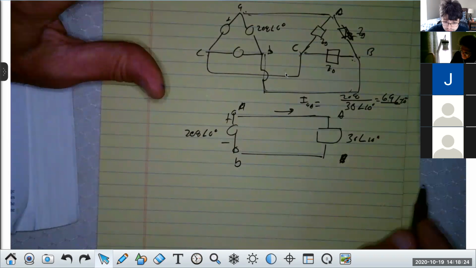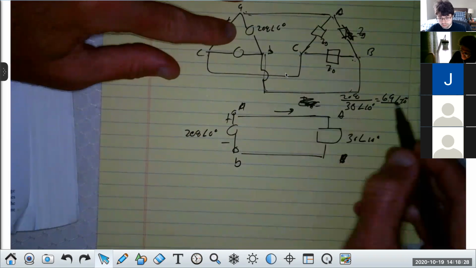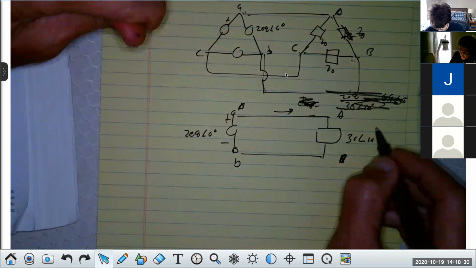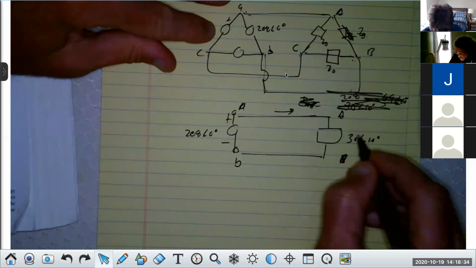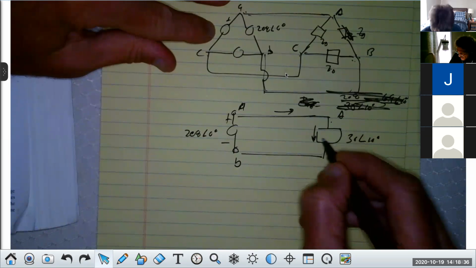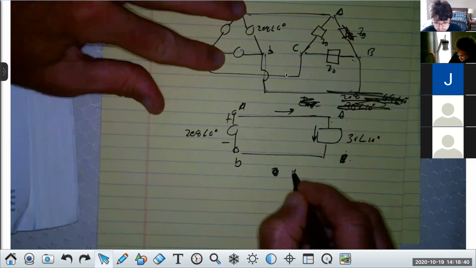I'm sorry. Let me correct myself. Tell you what, let me say this. This is the current, and I said something wrong again. This is the current through AB, the AB delta. So I could say I delta.